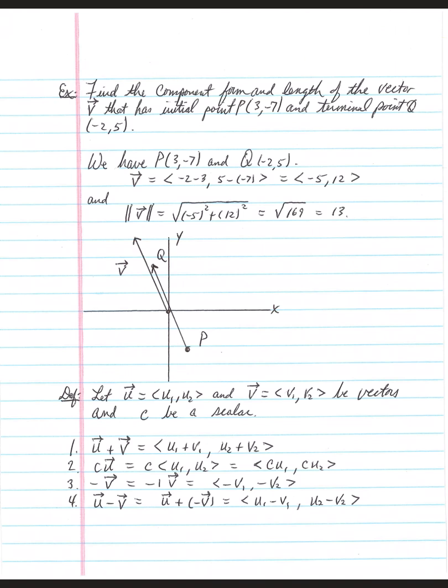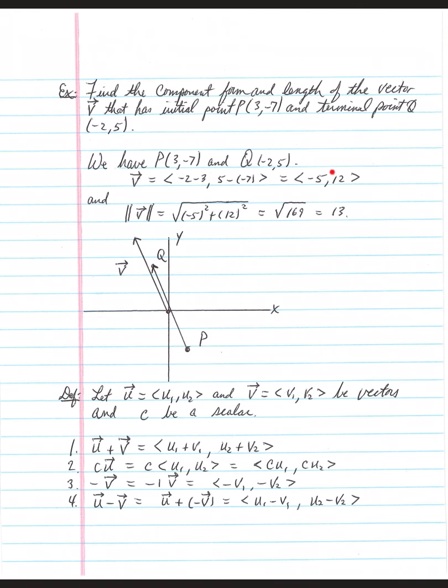The component form is x2 minus x1, that's -2 minus 3, and the y component, or v2 part of it, is 5 minus -7, which is 12.